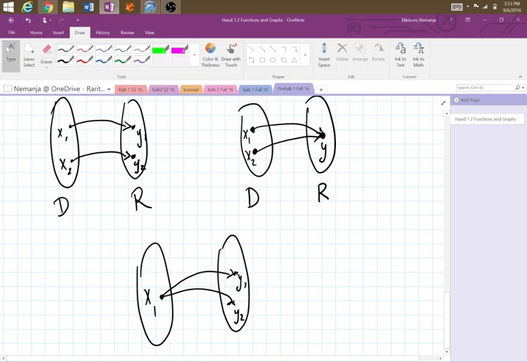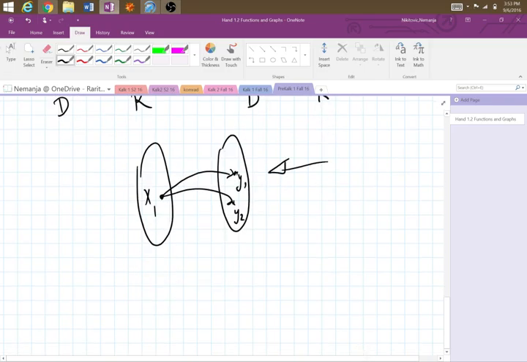Yeah, I know. So we're going to take a look at these two, and we're going to understand that multiple inputs can produce a single output, and that is okay, whereas a single input cannot produce multiple outputs. This is what ruins uniqueness. So this one over here, not a function.